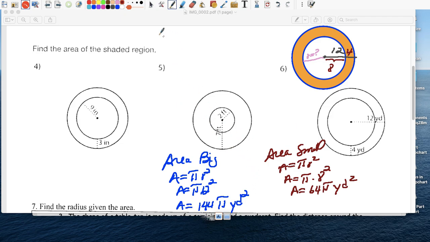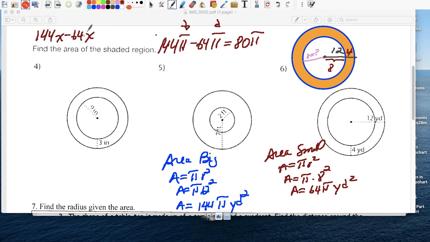So 144 pi minus 64 pi equals 80 pi. You can treat pi as if it was a variable. That'd be no different than doing 144x minus 64x. So the answer is 80 pi yards squared. If you leave it in terms of pi, or if you want to go crazy, you can multiply 80 times pi and get a numerical value, 200 and something.